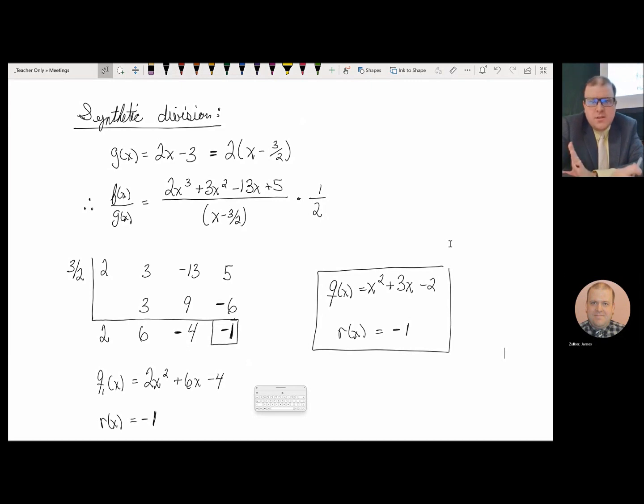X squared plus 6x minus 4, that'd be negative 1. Should be, yeah.